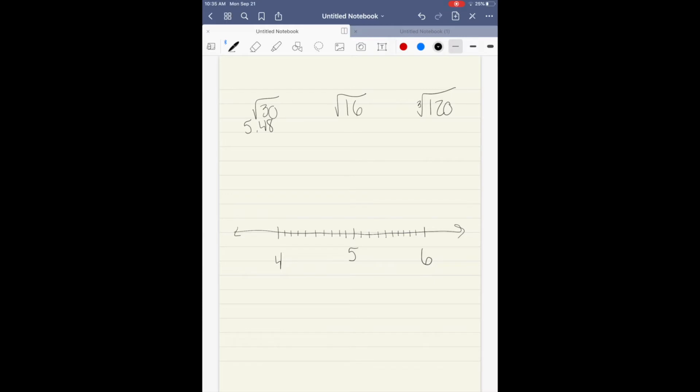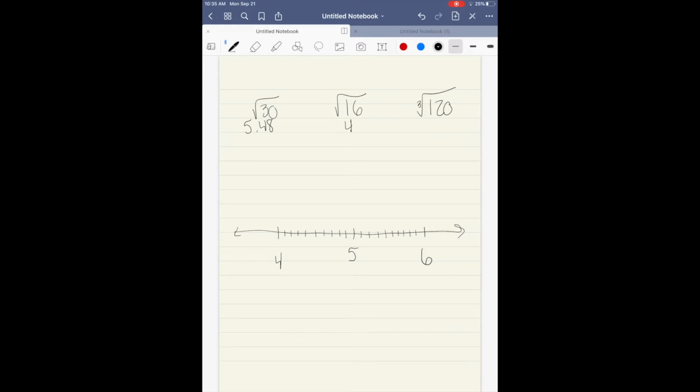So the next example we have is square root of 16. So we're going to hit second x squared, type in 16, close the parenthesis, and we get 4, which is a whole number. We don't have to round that at all, which is excellent. The last one is cube root of 120. We're going to hit 3, second, and then the caret key.